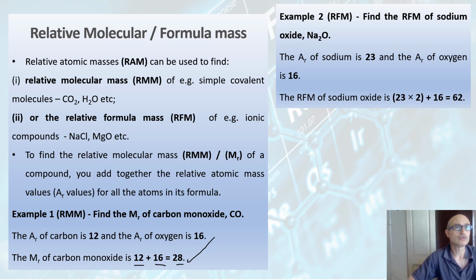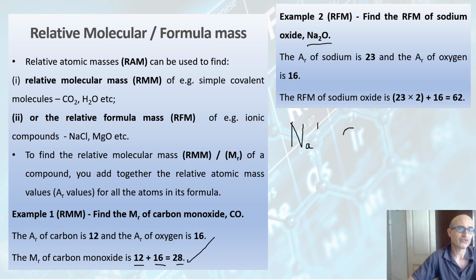Now, if we get to the second example, where we have sodium oxide, as you should recall from your previous valency studies, sodium is a group 1 element, so it has one electron in the outermost shell, and it will prefer to lose one electron, therefore it has a valency of 1.